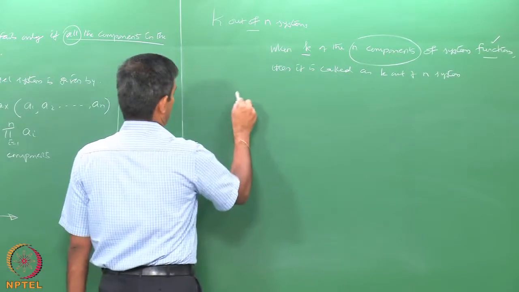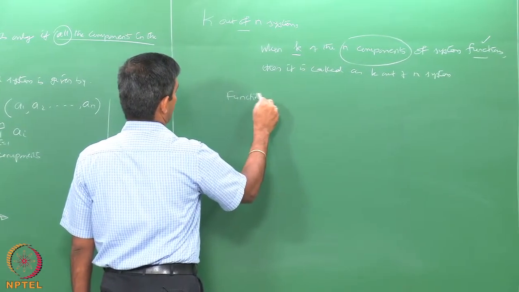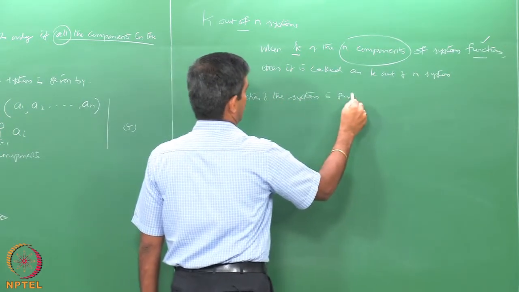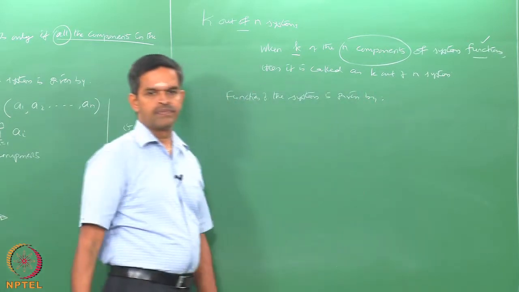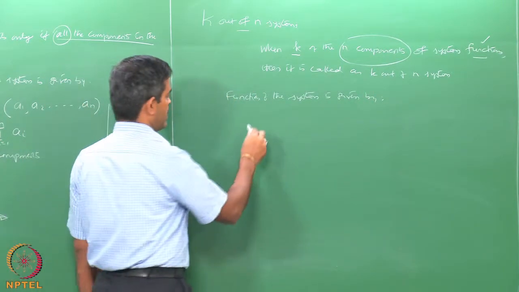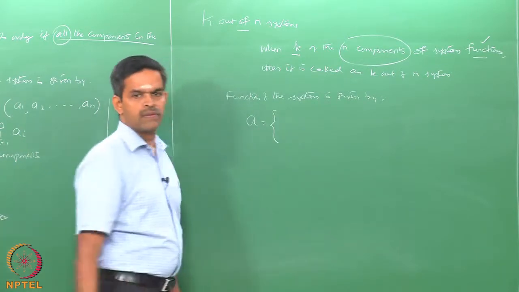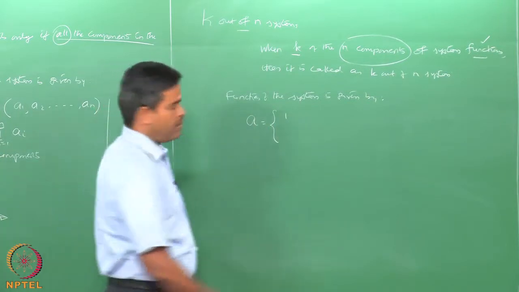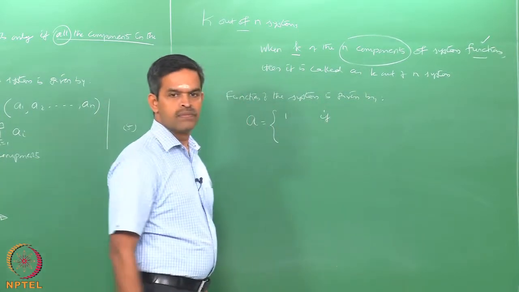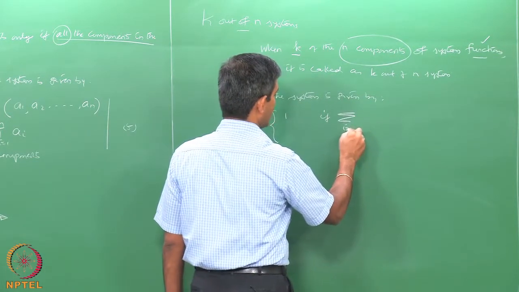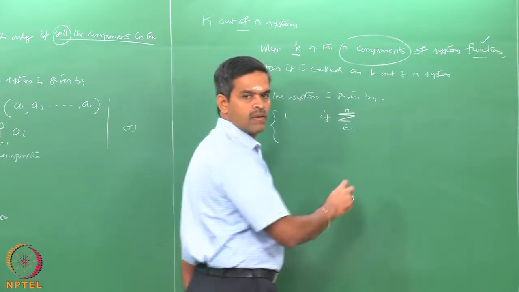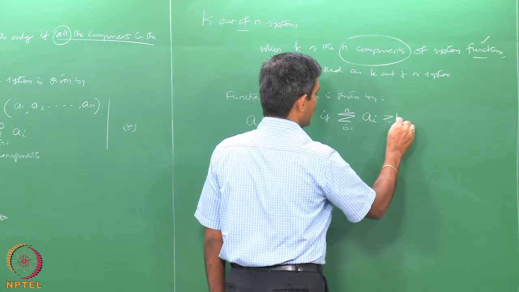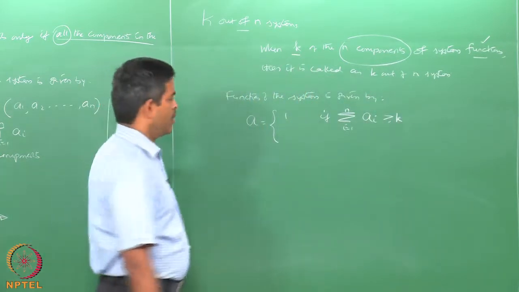The expression for the performance function of the system is given by psi of A equals 1 if the sum of Ai is greater than or equal to k, otherwise 0.